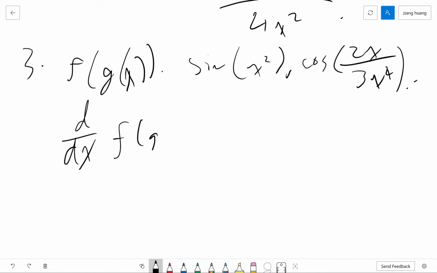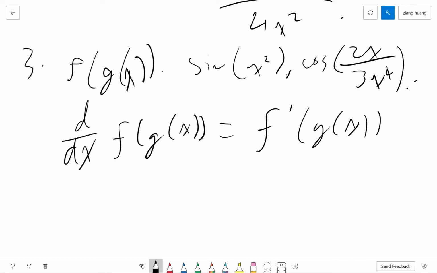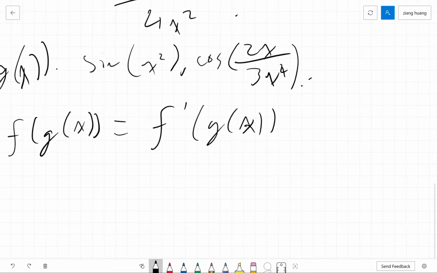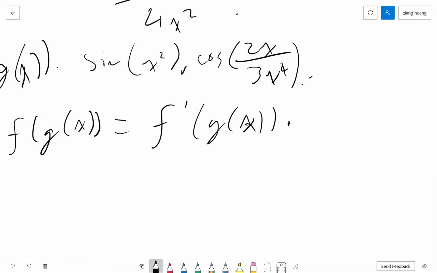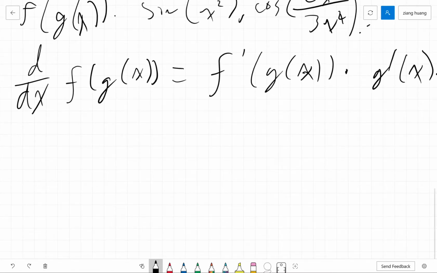The derivative of a composite function is equal to f prime of g of x, which means we ignore whatever's inside. We differentiate the f function, put g(x) inside of it, and we multiply this by the derivative of g of x.